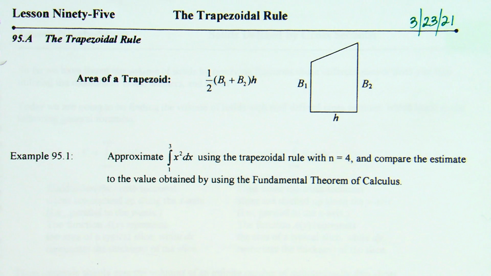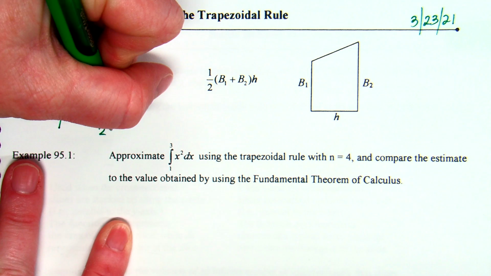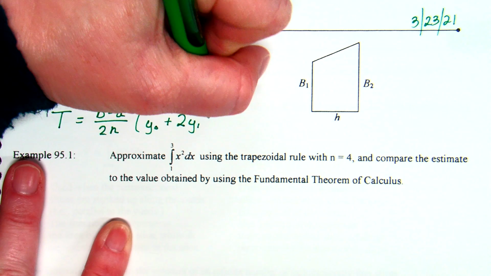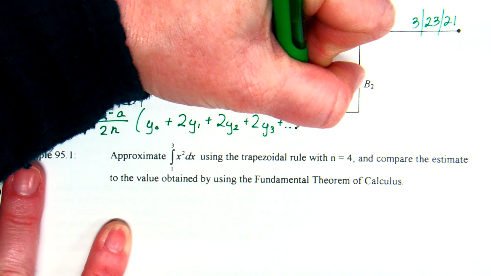Yeah. Now, what we're going to use, and it's not in here, I'm going to write it out, is our variation on this for the trapezoidal rule: b minus a divided by 2n times y naught plus 2 times y1 plus 2 times y2 plus 2 times y3, so on and so forth, all the way up to y sub n.